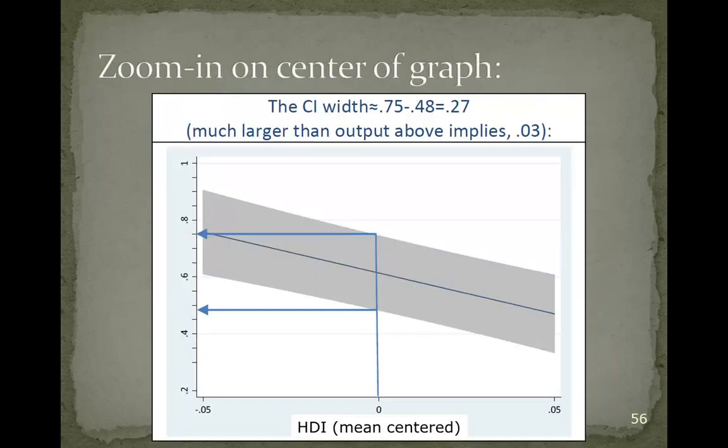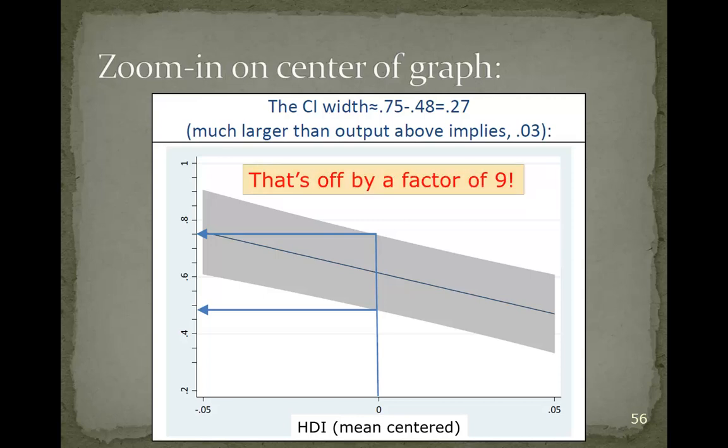So here, zooming in on the center of that graph, you see that it's actually 0.27 standardized mean differences. That's the difference in the upper and lower confidence interval, which is much larger than the so-called correct meta-analysis regression model, which was 0.03. So that's off by a factor of 9.